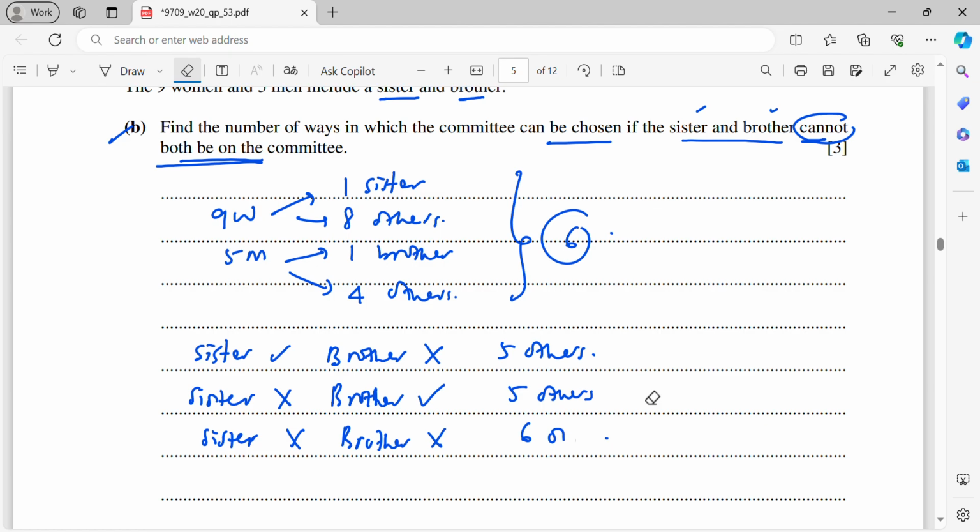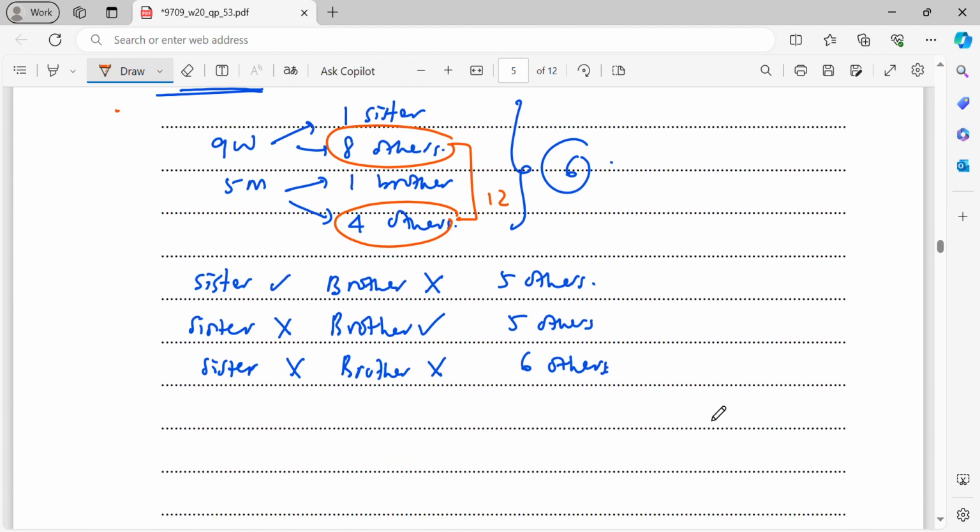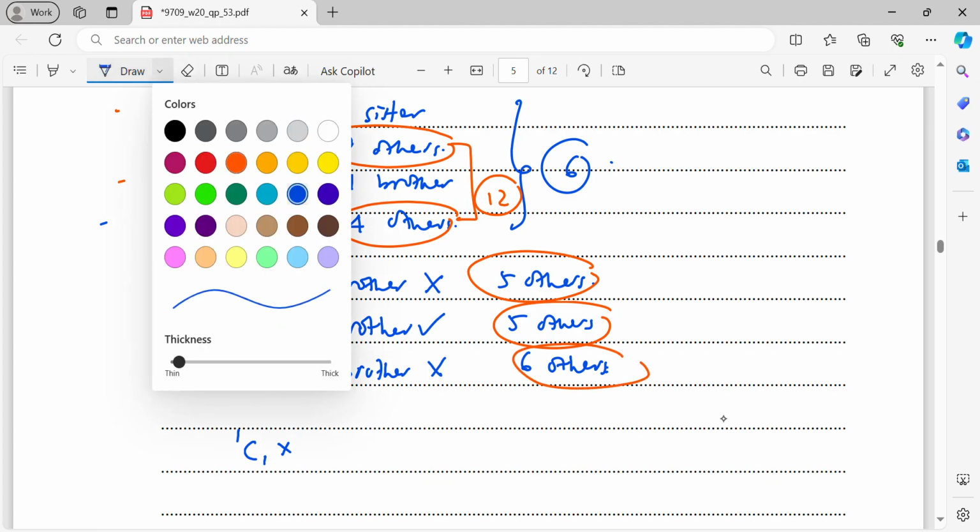So now, how do we choose this? Basically, I know that I will have 12 others, this one plus this one together is 12. So if the sister is chosen, that's 1 choose 1, one way. Brother is not chosen, so don't bother. I need to choose 5 from the 12, so it is 12C5.